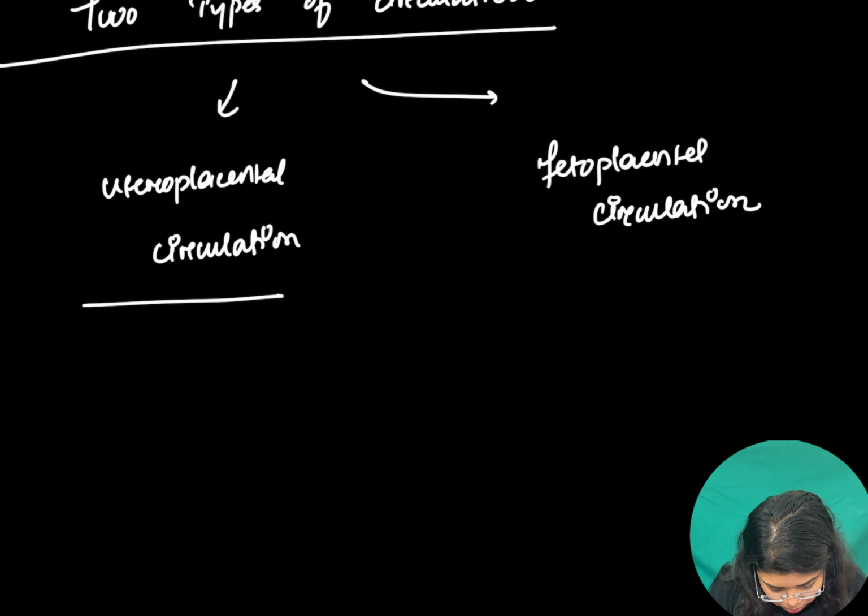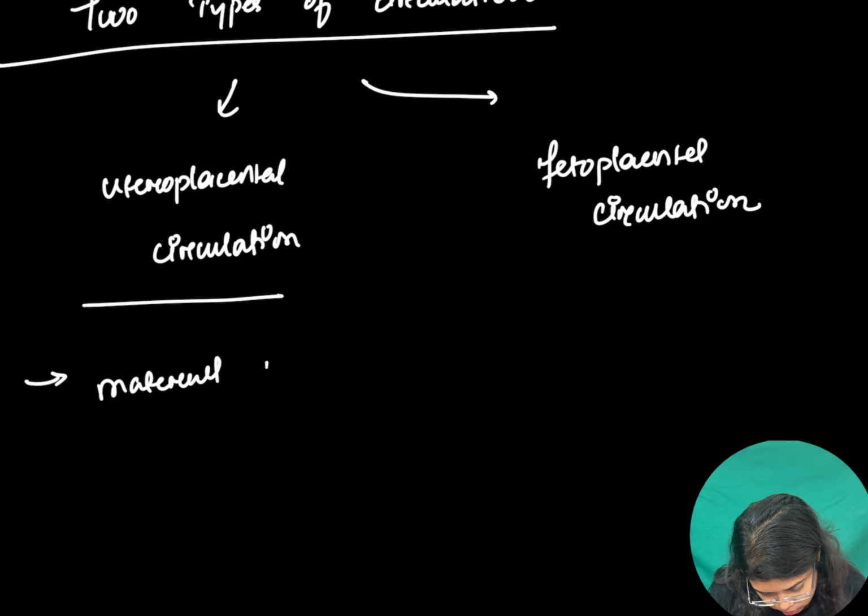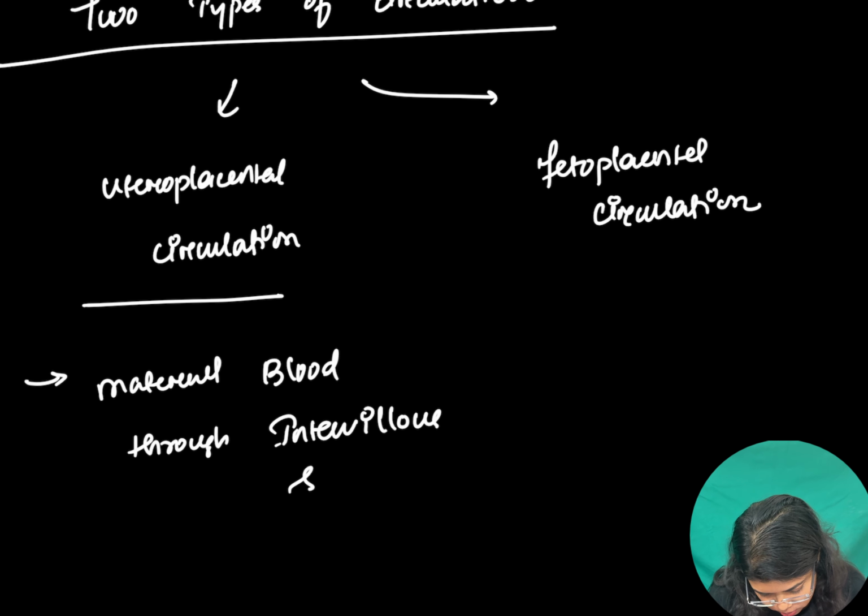So uteroplacental circulation is the maternal blood. From the uterus, what will come? The maternal blood through the intervillous space. I've told you that is the lacuna, the intervillous space. That is the uteroplacental circulation, the maternal blood.